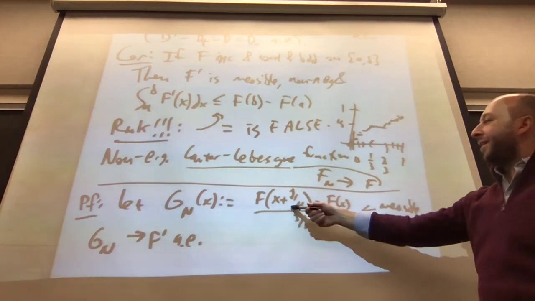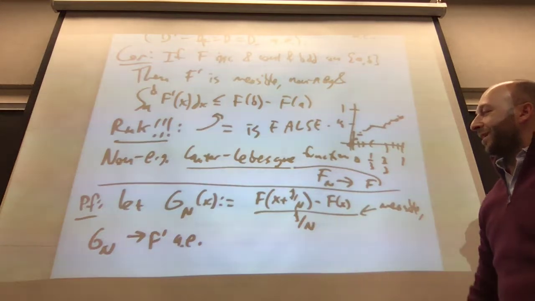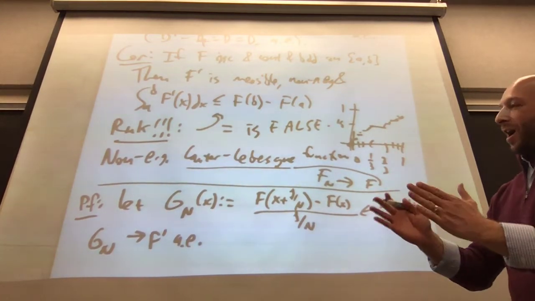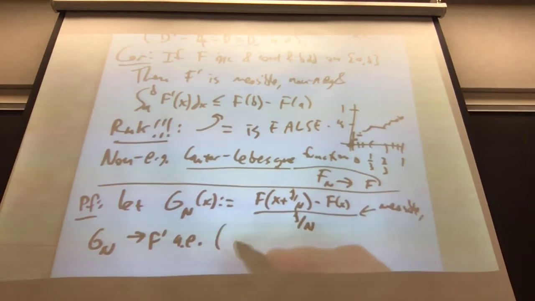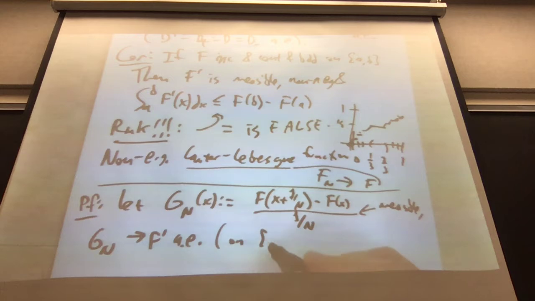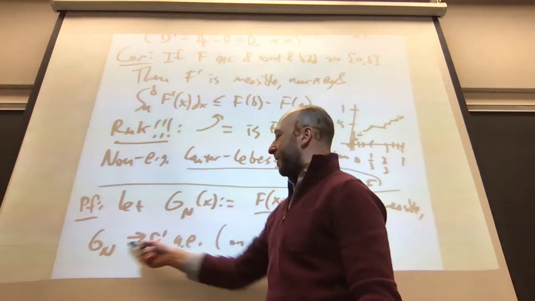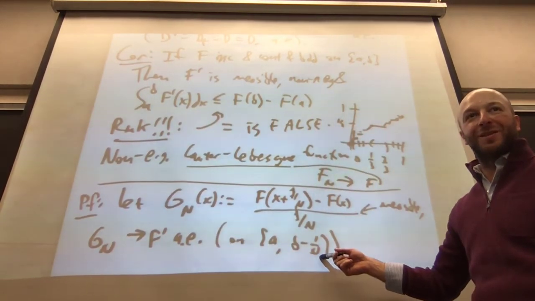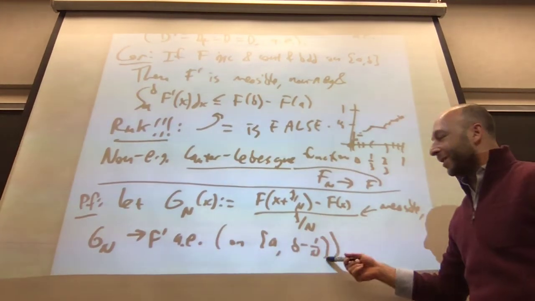Well, each one you need a little bit less room. So on each subinterval, on the interval a to b minus 1 over n, each of these converges to f prime almost everywhere, and that happens for every one of these subintervals. So it happens on the open b, and because we're talking about almost everywhere, just put in the closed b.